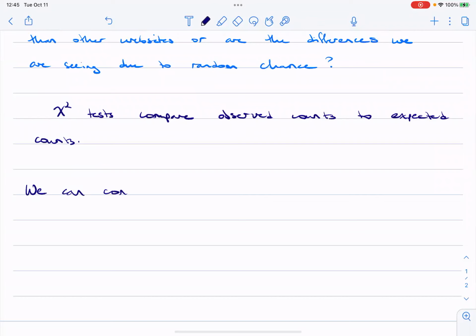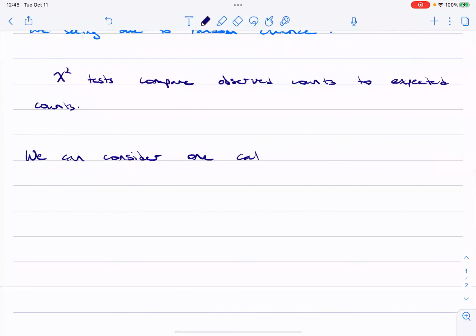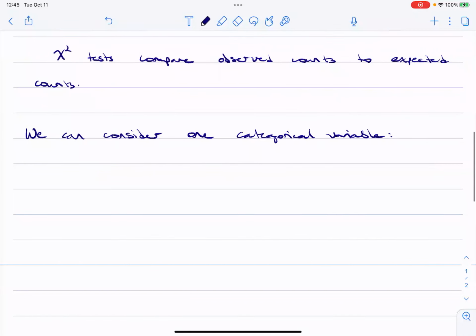And so we can consider one categorical variable, which might look something like this. A, B, C, D, just generic groupings for one categorical variable. Let's say those are grades.